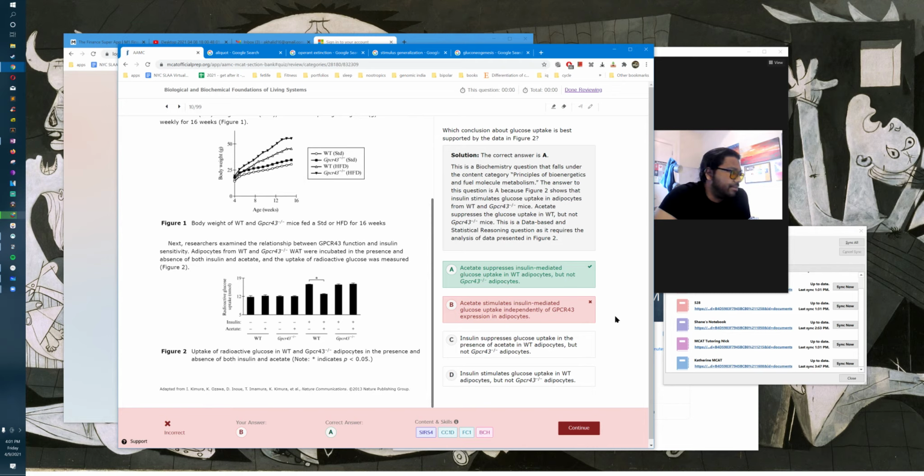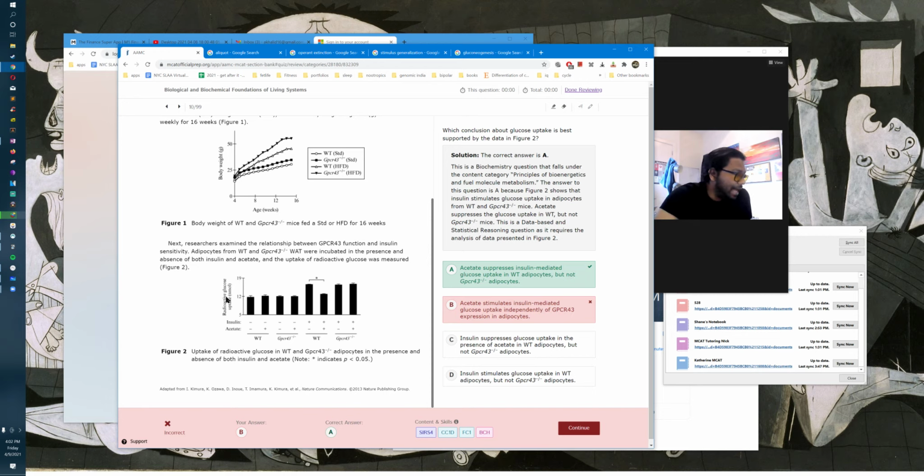But not in the GPCR43 mutant ones. I know the role of insulin, and I know it works in glucose uptake.